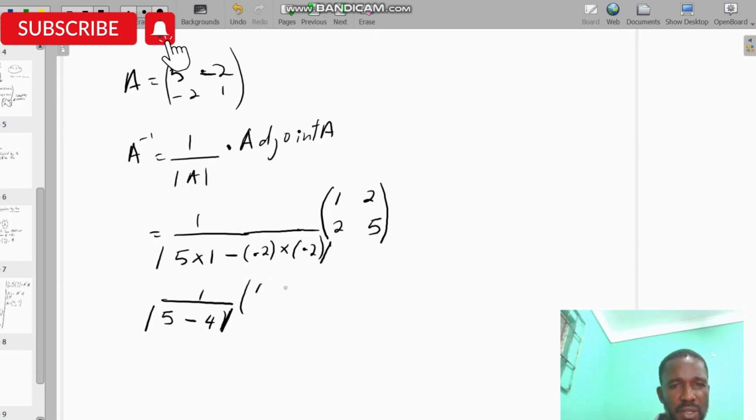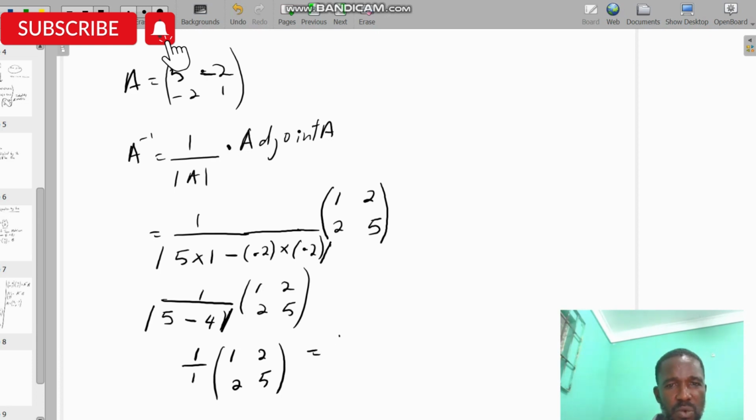So we end up with 1 over 1 times 1, 2, 2, 5, and 1 divided by 1 will give us 1. So this is what A inverse is equal to: A inverse is equal to 1, 2, 2, 5.